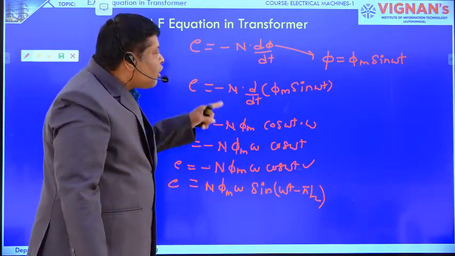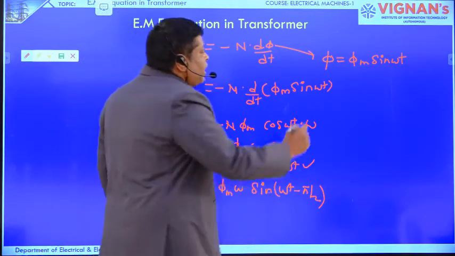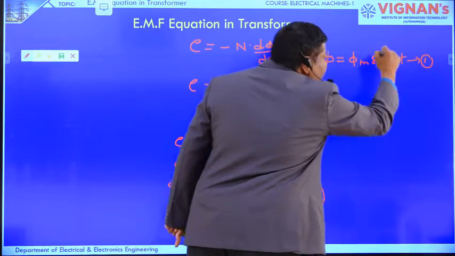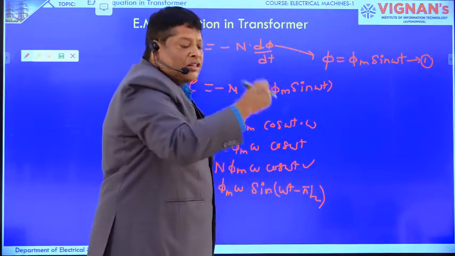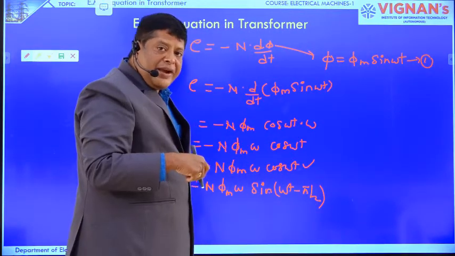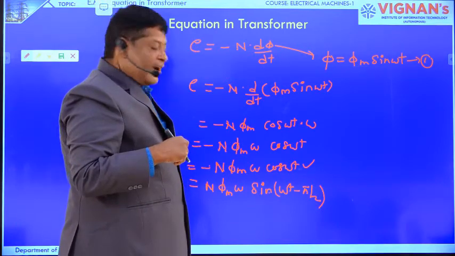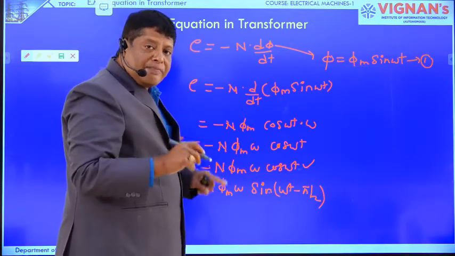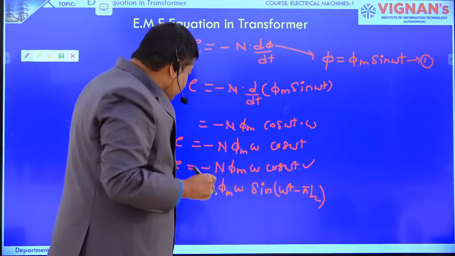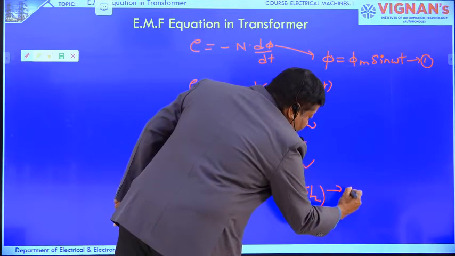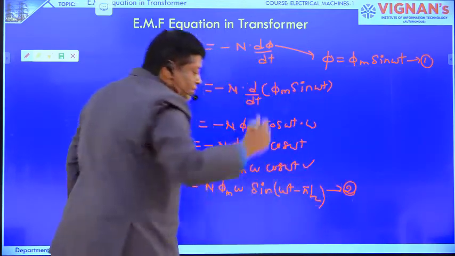What is the cause here? Flux is the cause. Because of this sinusoidal flux, voltage is induced in the primary winding as well as the secondary winding. The expression for the voltage is this one; take it as equation 2. This is the general equation.